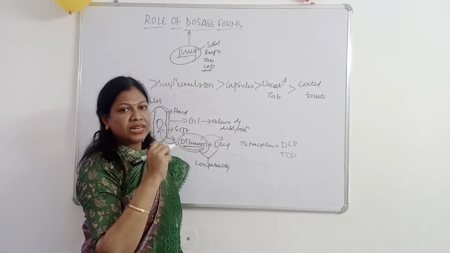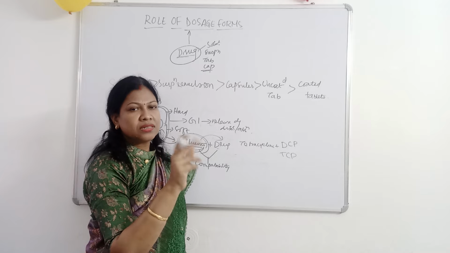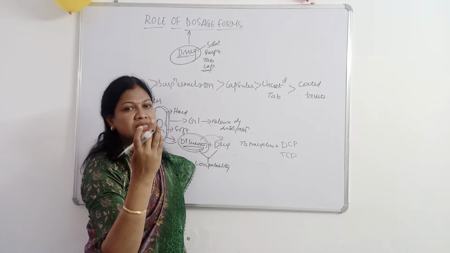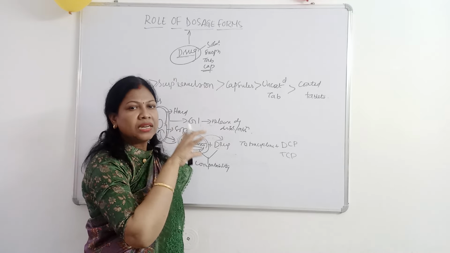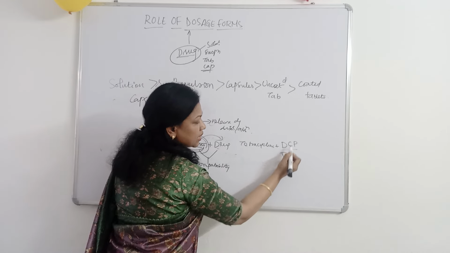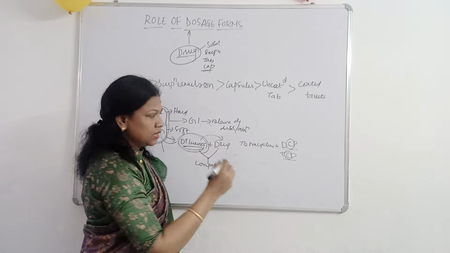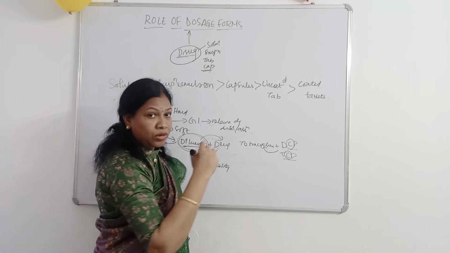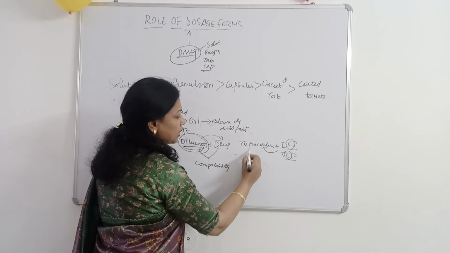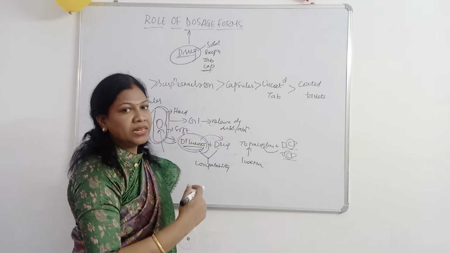Already in effect of food I discussed this example that tetracycline cannot be co-administered with milk. Why? Because the magnesium and calcium content present in the milk may interact with the tetracycline. See, here the diluents dicalcium phosphate and tricalcium phosphate also have calcium in their structure, which may be prone to interact with tetracycline and make this tetracycline inactive and not absorbable in nature.